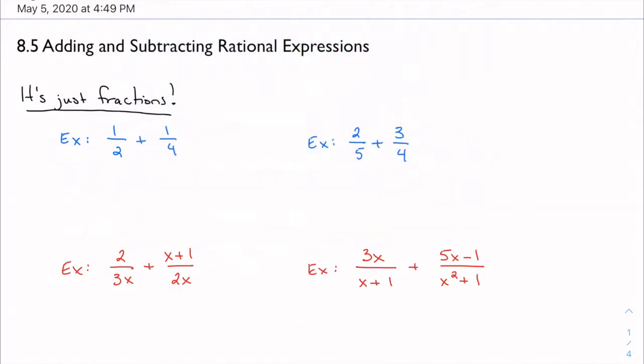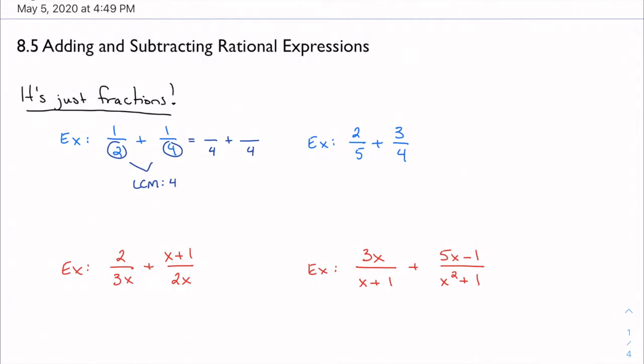So kind of just as a refresher in what it means to add fractions, right? If I look at my first example here, 1/2 plus 1/4, well, I can't add these yet because my denominators are not equal, but I can make them equal because their least common multiple is 4, right? So I'm going to put these both over 4, and I'm going to think to myself, what did I do to 2 to get to 4?